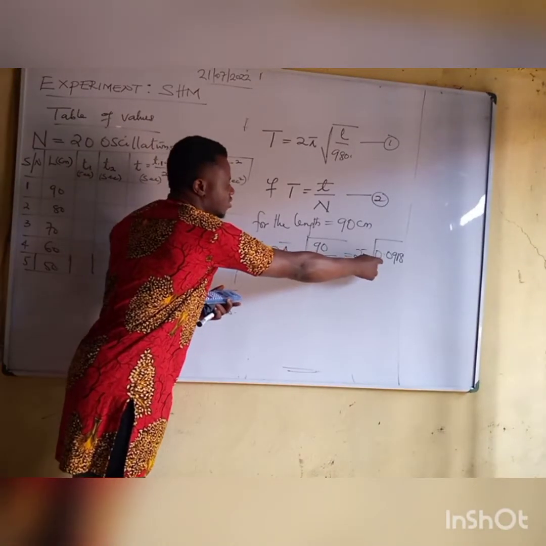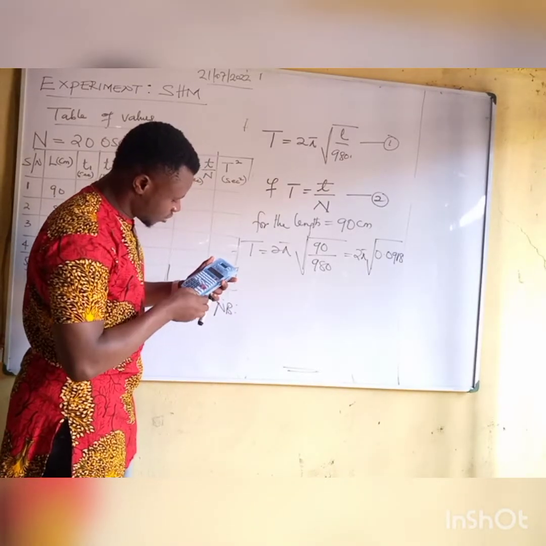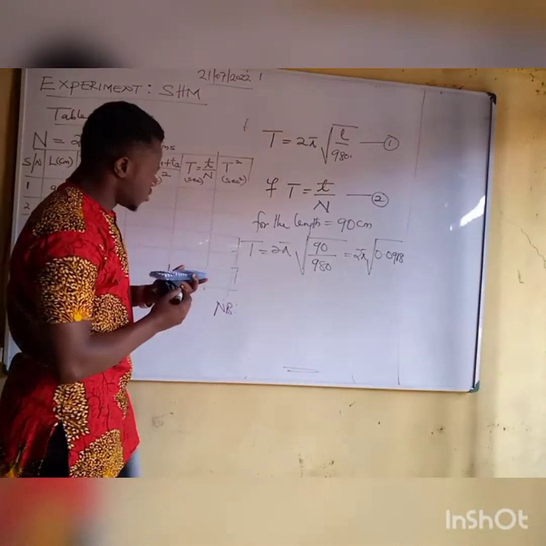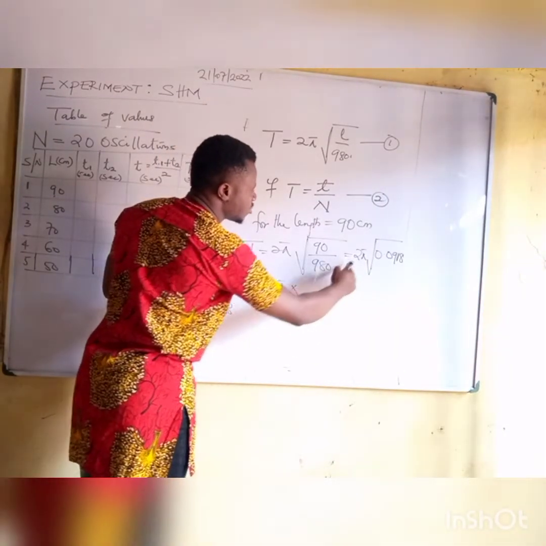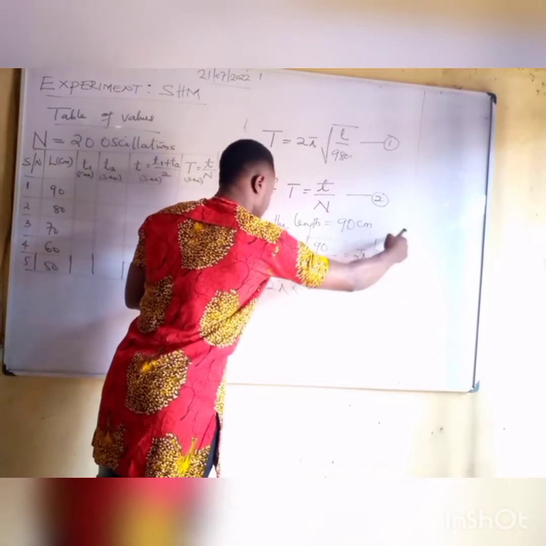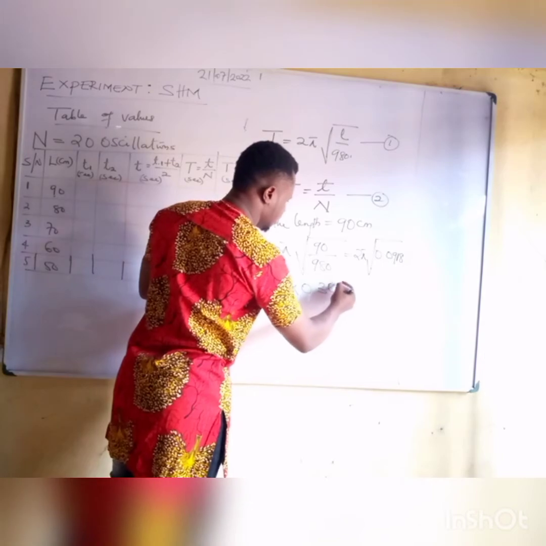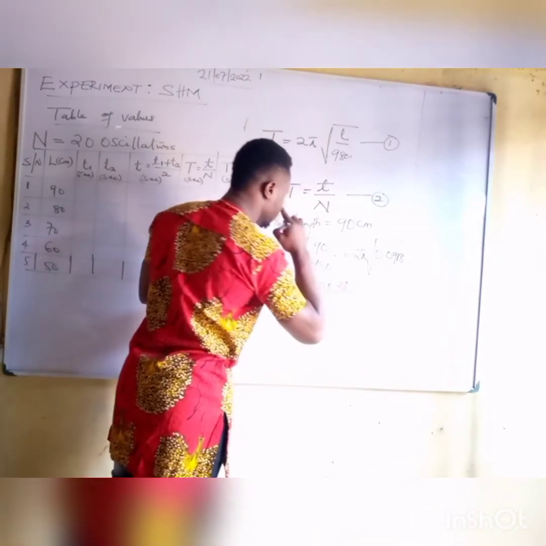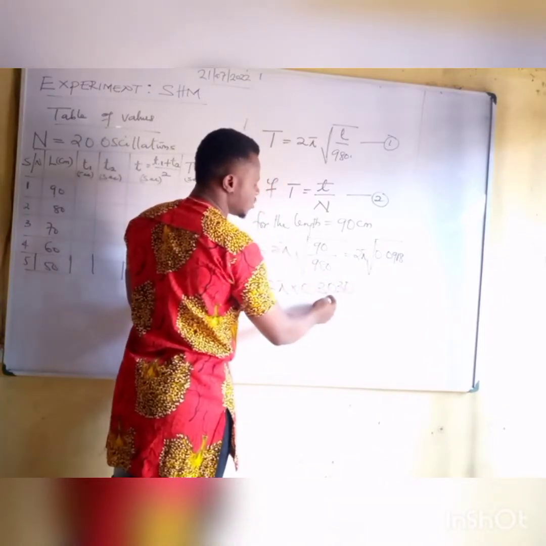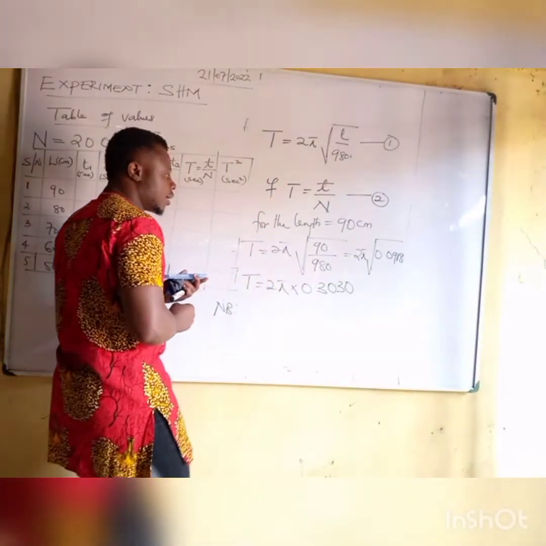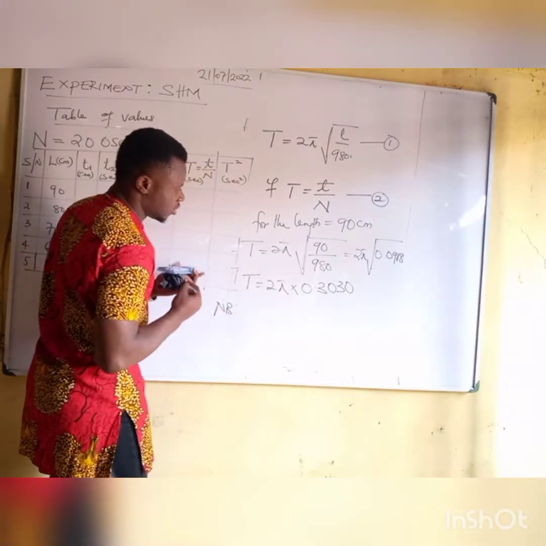Now we have the square root of it. The answer we have is 0.3030. Now in this case, we need to use this to multiply 2π in order to get our period.